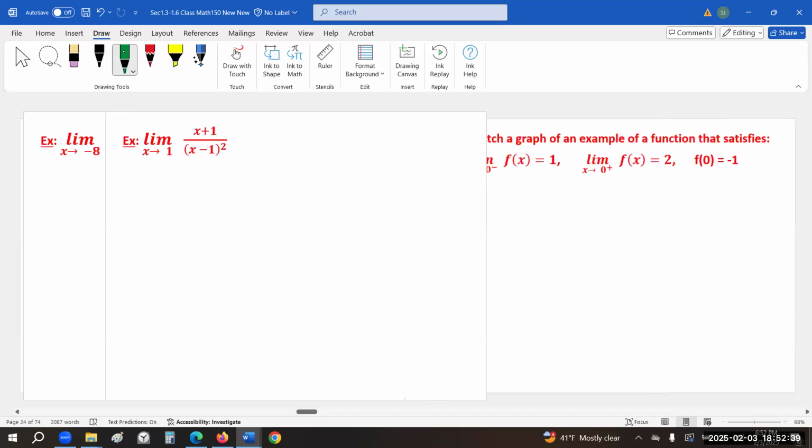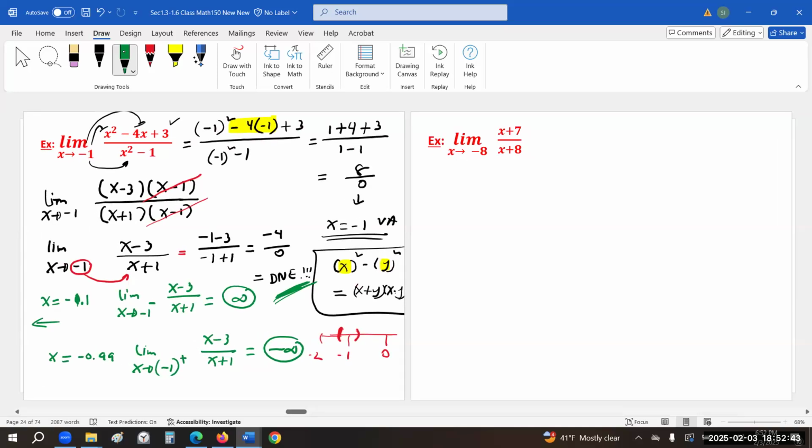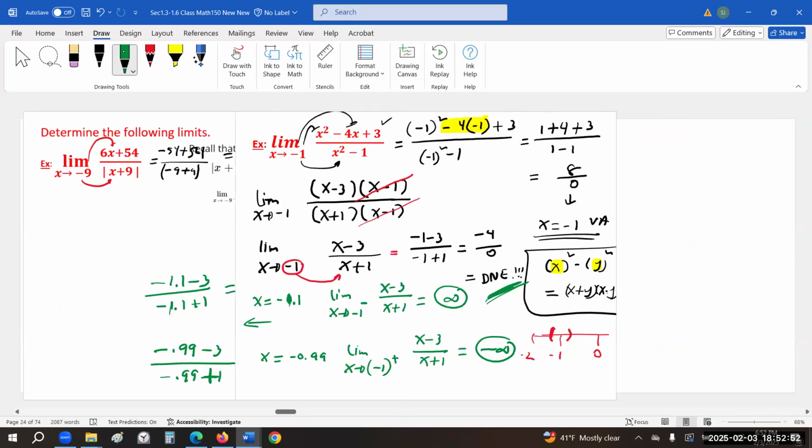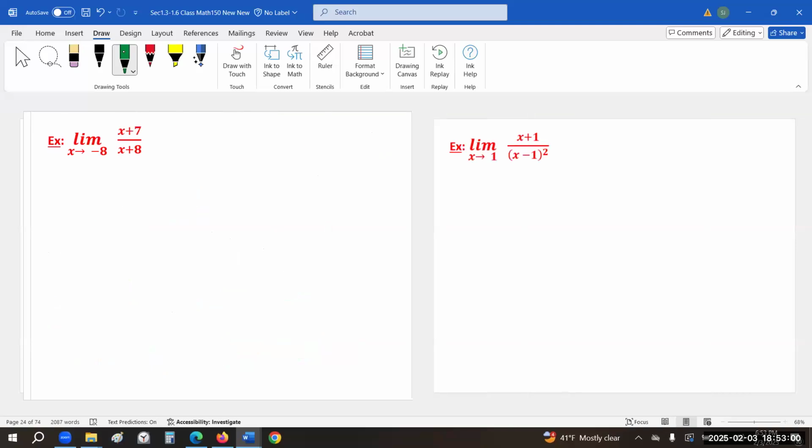Okay, then you try this one and the next one. Do I have more? Yeah, I have more fun examples. So try doing this. And then I have one more, the same type.